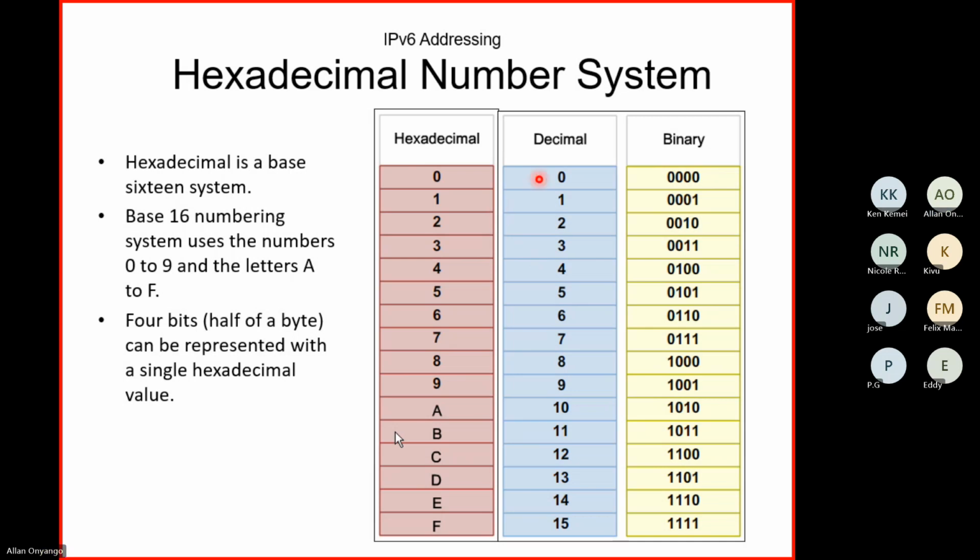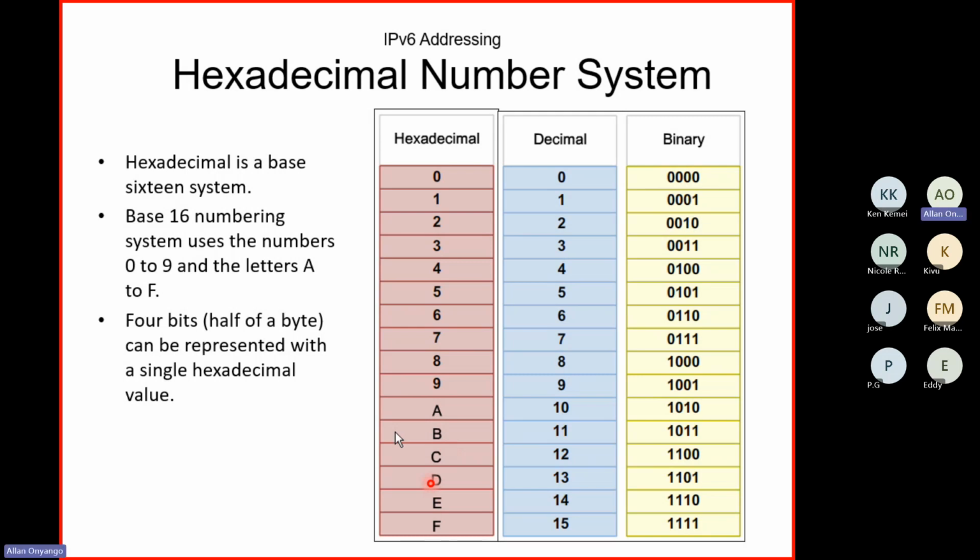These are the decimals here, 0 up to 9. But among the hexadecimal numbering system, like I said, we have 0, 1, 2, 3, 4, 5, 6, 7, 8, 9. After 9, the next number is A. So A, B, C, D, E, F.